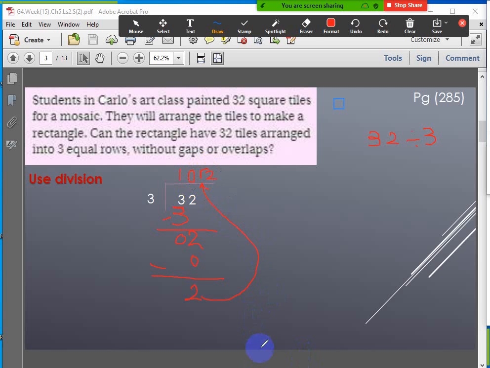So the quotient for this division, or the answer for this division, equals what? Equals 10 and R2. So look girls, if I want to divide 32 by 3, there is a number left with me. I can't divide it. We name this number remainder. So 32, when I divide it by 3, the answer is 10, but there is 2 left with me.